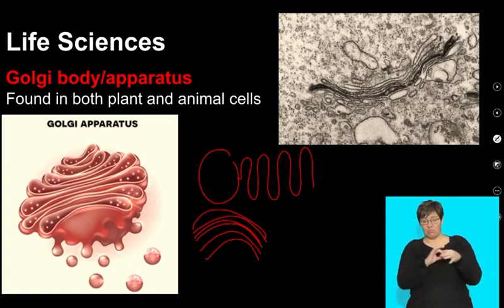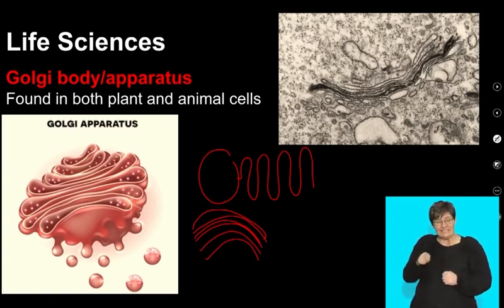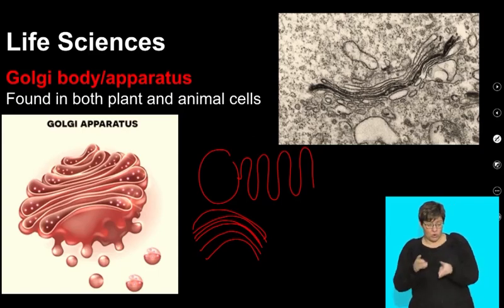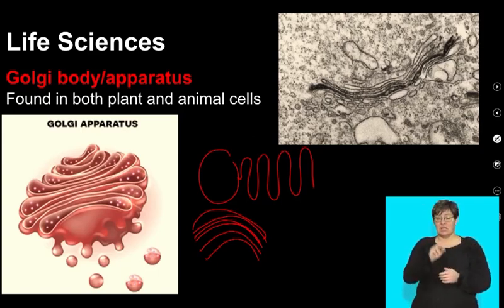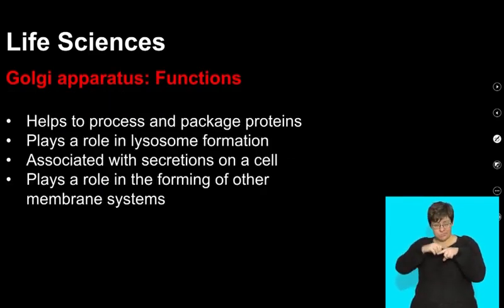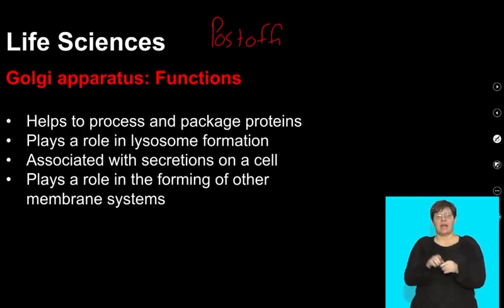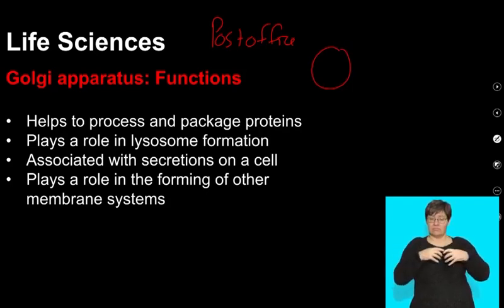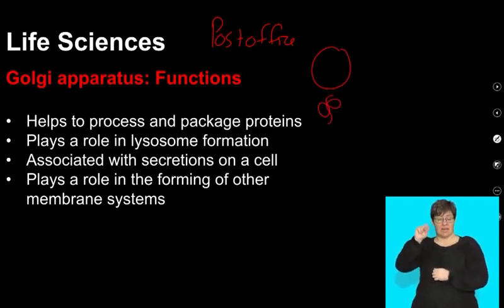Now, what does this Golgi body do? I could say the endoplasmic reticulum is the roads, my ribosomes make the protein, and the Golgi bodies are the post office. What do I mean by that? So what happens is the ribosome, here's my ribosome, it makes a protein, right? The protein looks like that.